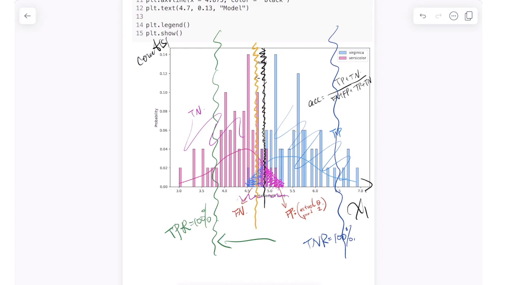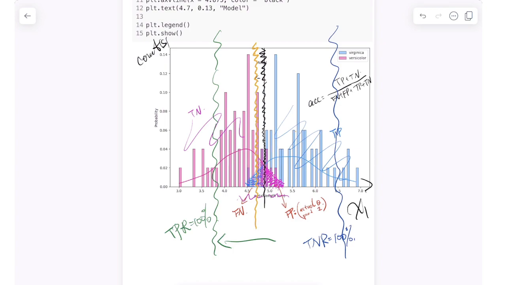And again, now your true positive rate will be very small because most of the blue data points are misclassified, because most of them are not at the right hand side of the blue lines.